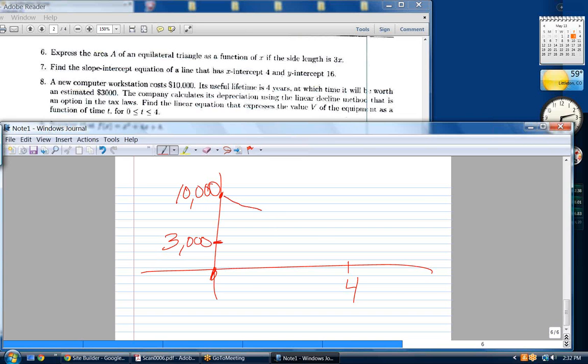So our function is going to be like this. And so we want the equation of that line. Okay, so V would be what? 10,000 is the b. So that's mx plus 10,000, only instead of x, we're going to use t.